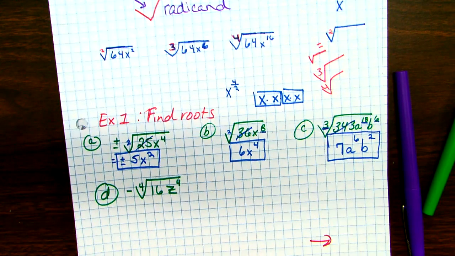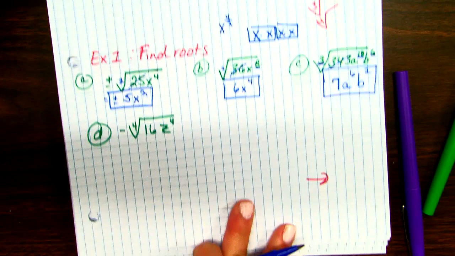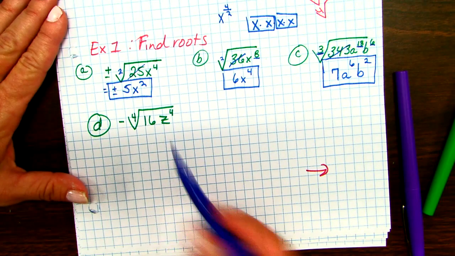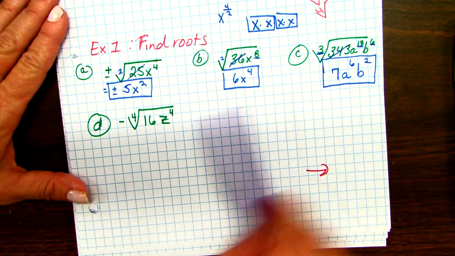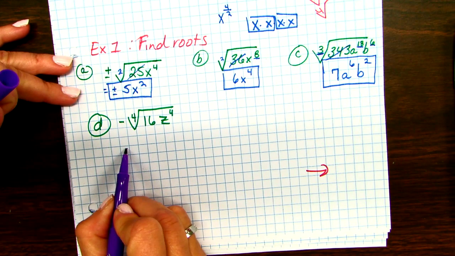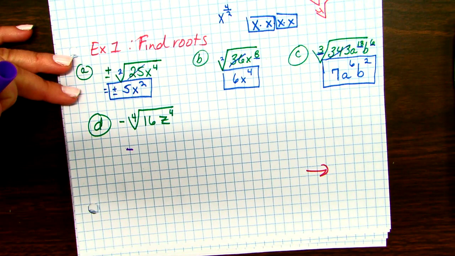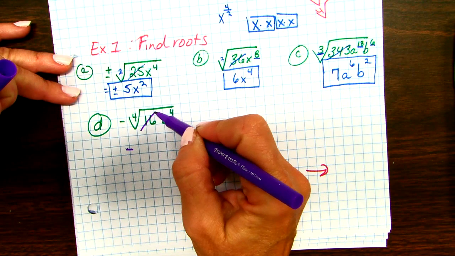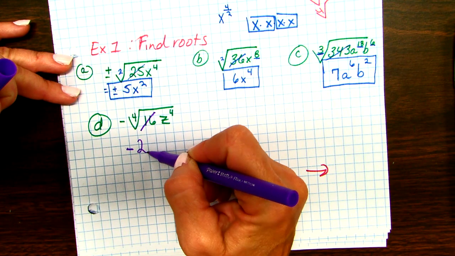Are we getting these? Pretty simple so far, right? We just a second ago did the 4th root of 16. Remember, hit 4, math 5, and you'll get to that. There's a negative in front. We just keep it in front. 4th root of 16 is 2.